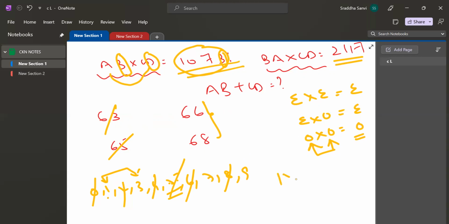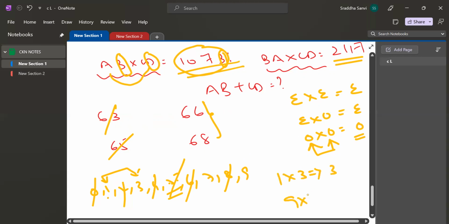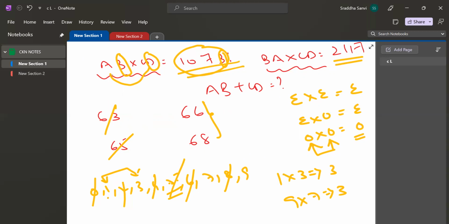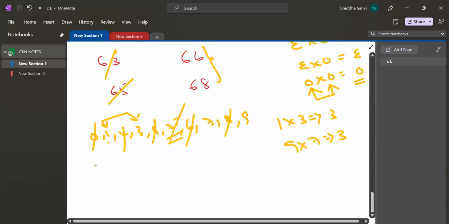So the only opportunity for you is 1 into 3 ends with 3, 9 sevens are 63 ends with 3. You mean to say your AB and CD are numbers which are ending with either 1 and 3 or 9 and 7. So now, if they are ending with 1 and 3, the sum ends with 4.